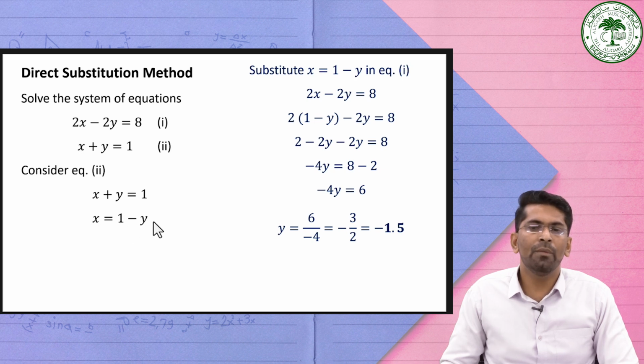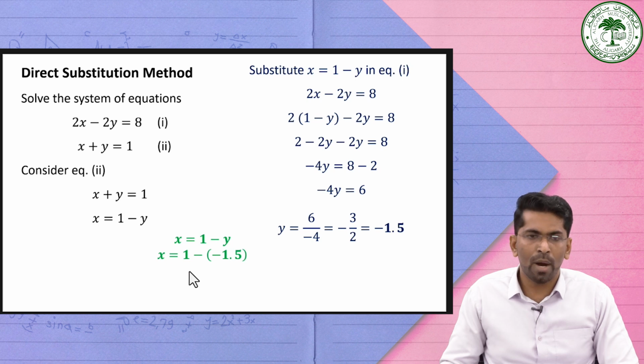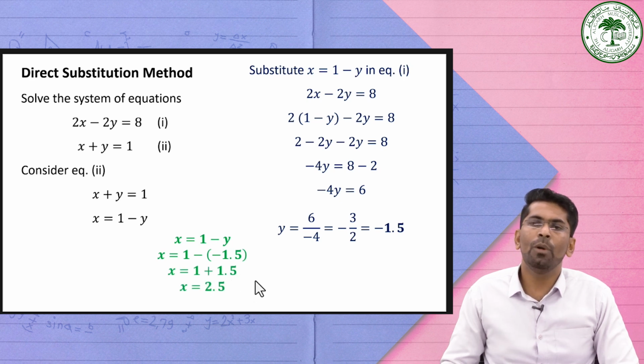So 1 minus (minus 1.5), minus becomes plus, so 1 plus 1.5. So x is equal to 2.5.